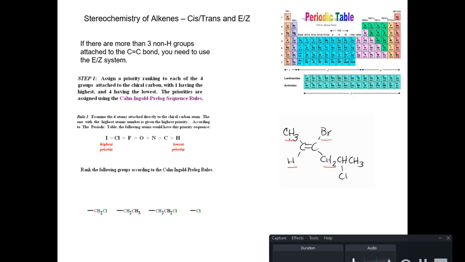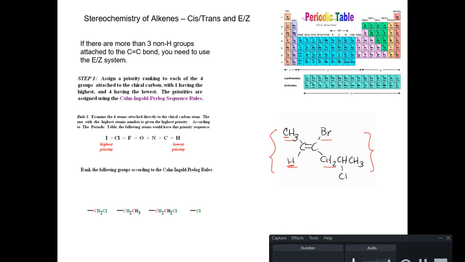We compare the groups attached to this pair and this pair, and we look at the atom directly attached to the carbon in the carbon-carbon bond. We compare the two atoms. If they have different atomic numbers, then the group with the highest atomic number wins.